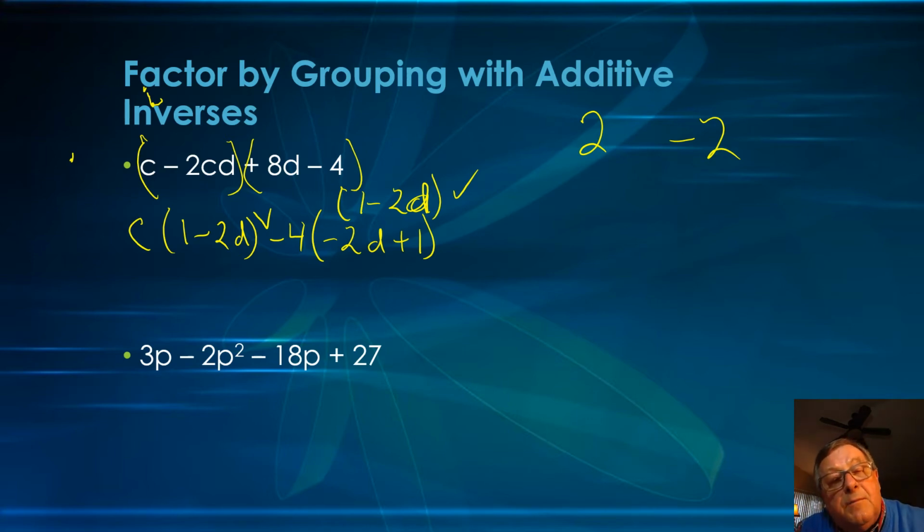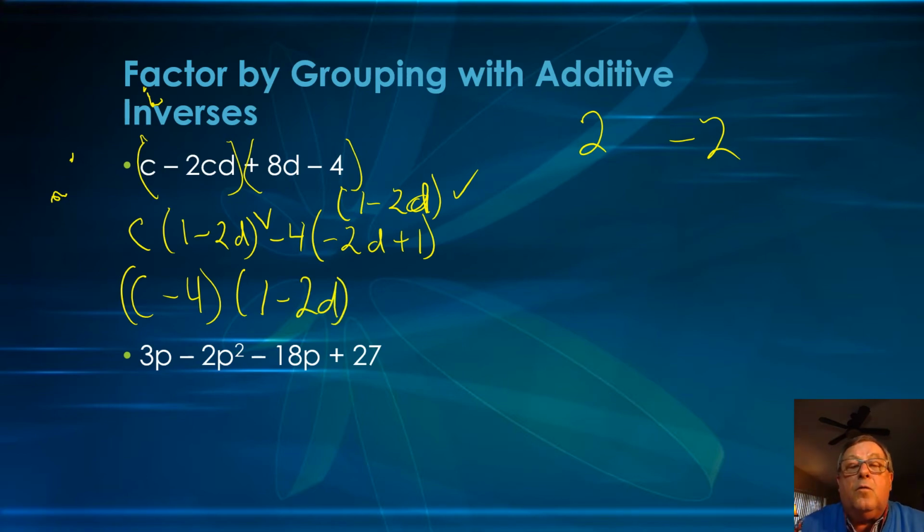Then we can fully factor this as c minus 4 times 1 minus 2d. In other words, -2d plus 1 and 1 minus 2d are additive inverses, and we're applying the additive inverse by factoring out a -4 in this case.